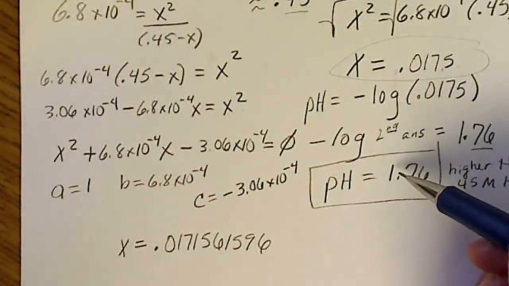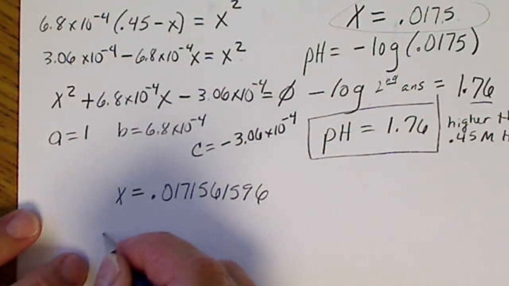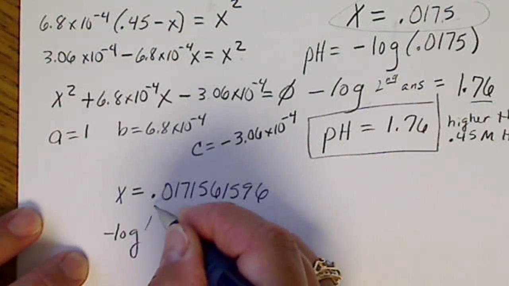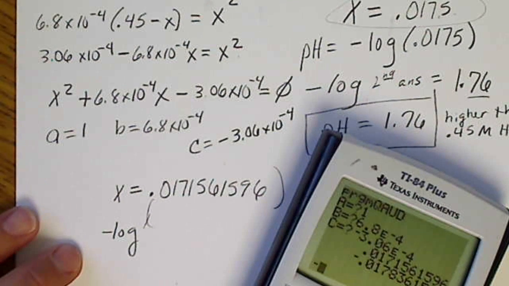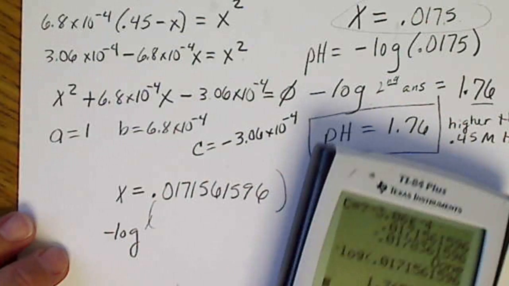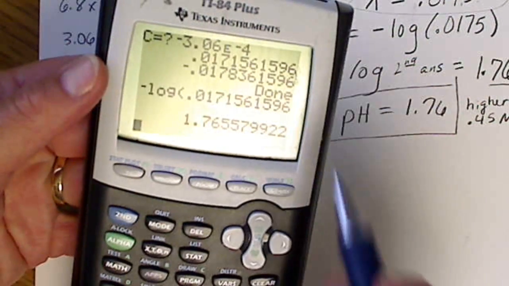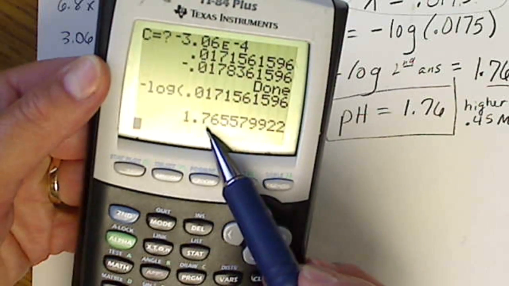So if I take the negative log of this number, I've got to do that separately. So I take the negative log of 0.017156. If I do that, I'm still going to get 1.7.